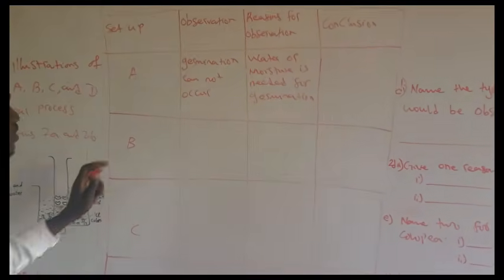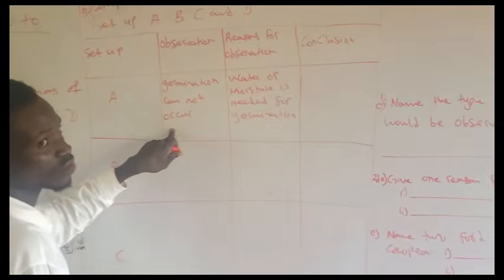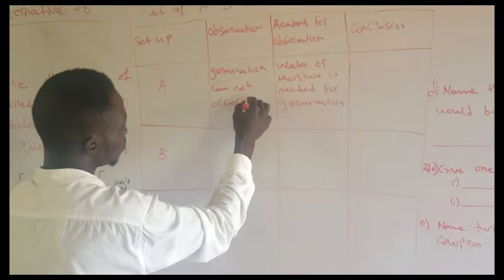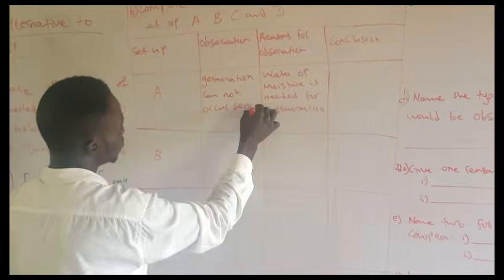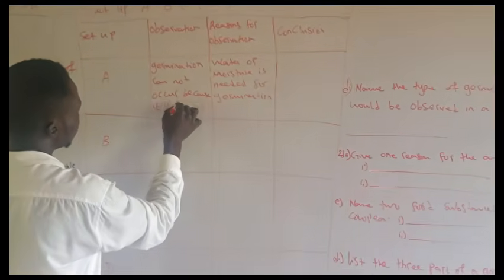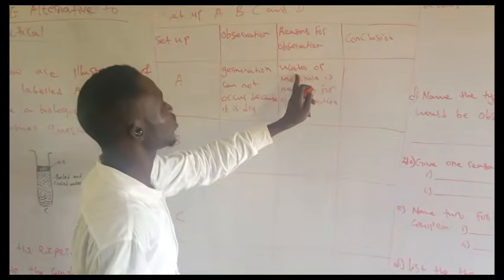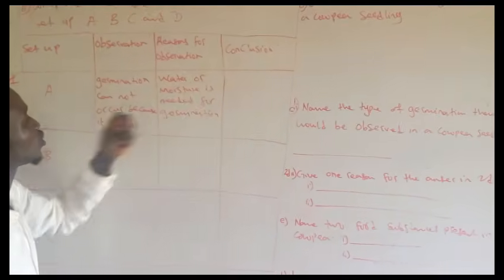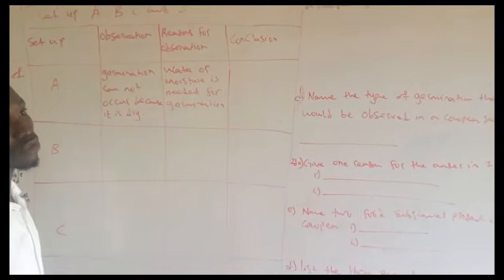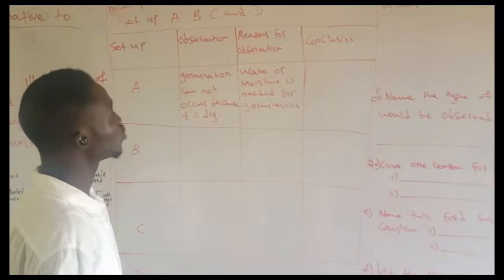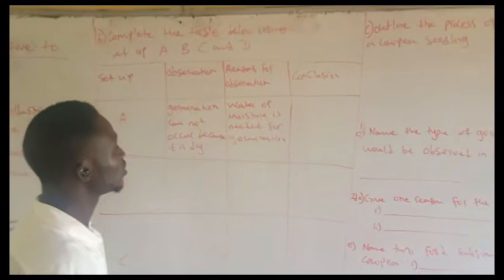Did you get that? What we observe is germination cannot occur, because it is dry. Our reason is water or moisture is needed for germination. Conclusion: what's going to be our conclusion?